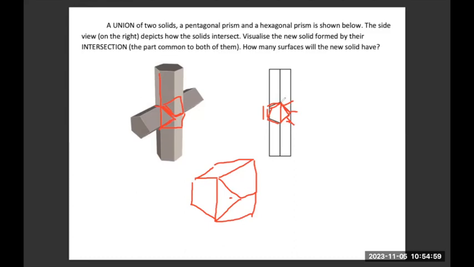At the back also the same situation will be formed where a triangle, because of this edge which is seen here, a triangle will be formed at the back. I've just drawn it distorted here. Let me correct the perspective.